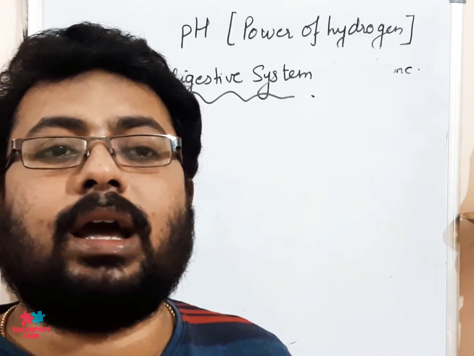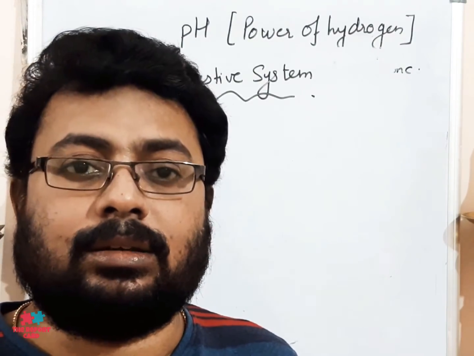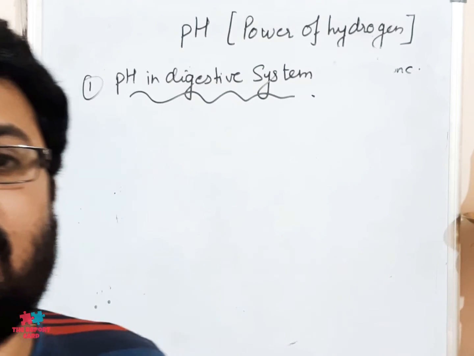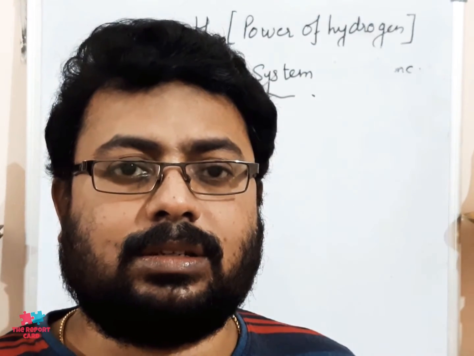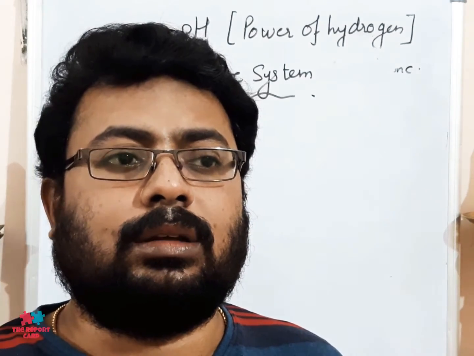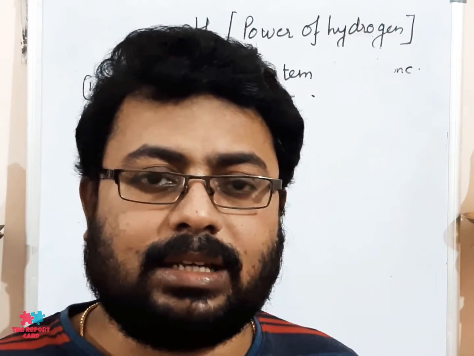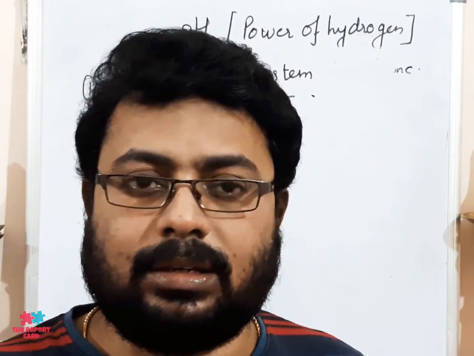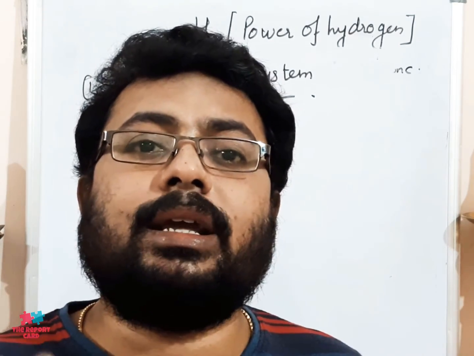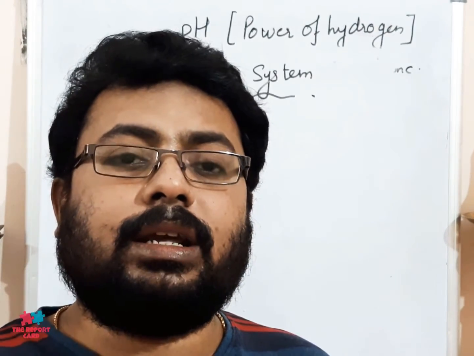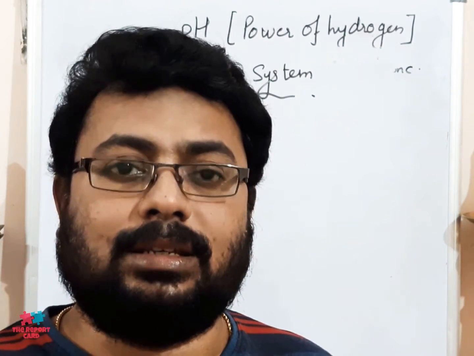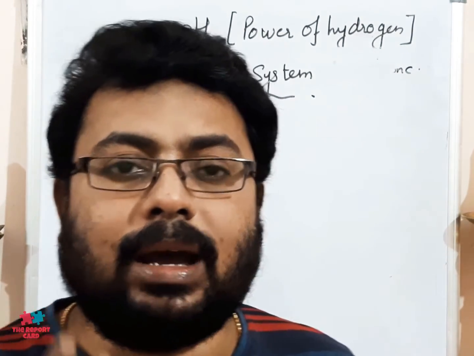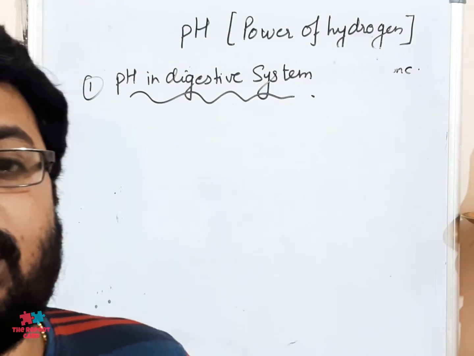Many a times you have acidity, hyperacidity, due to indigestion. More acid is secreted in the digestive system, and it leads to a burning sensation in the chest, and we call it hyperacidity. So what do we do? We take antacids. Antacids are alkalis, for example magnesium hydroxide or aluminium hydroxide.